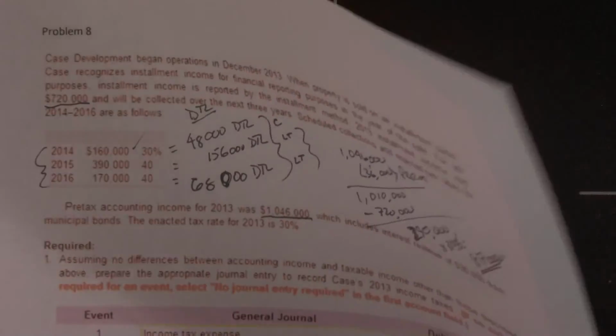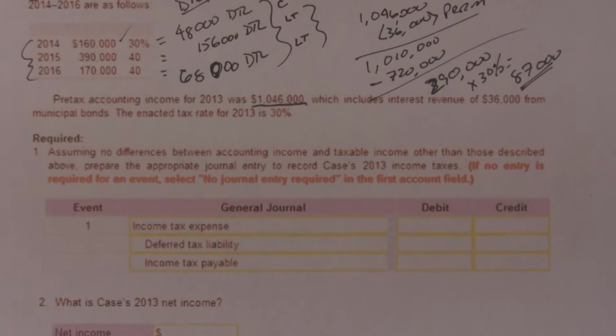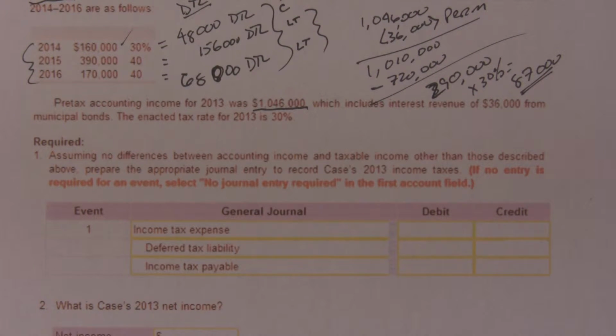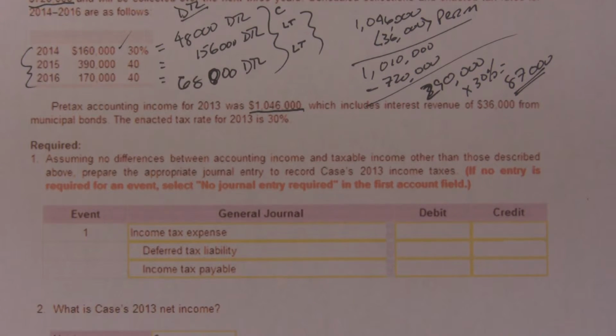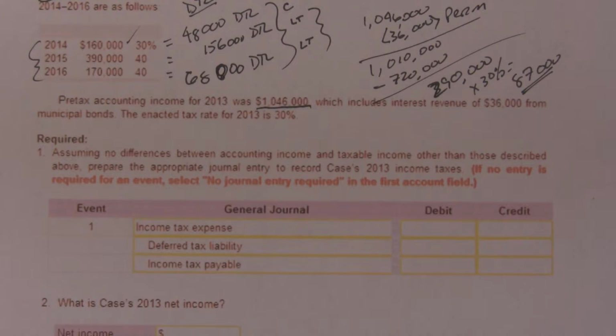We got the information, now let's go fill in our chart. First thing it says is, what is our income tax expense? Well, our income tax expense is the tax on the total income.